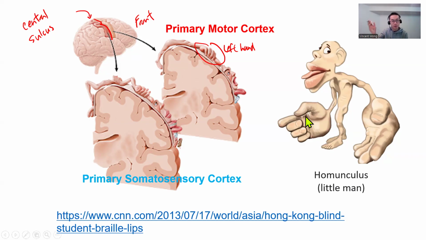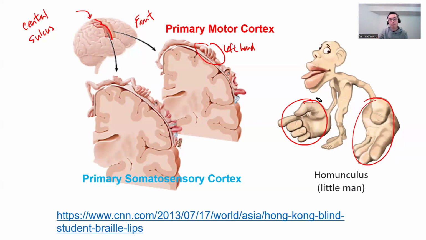Because we do a lot of things with our hands and we are very dexterous with our hands, that is very big, meaning lots of neurons are going to the hands and coming from there. So you can have fine control of your fingers and you can feel very small details with your fingertips.